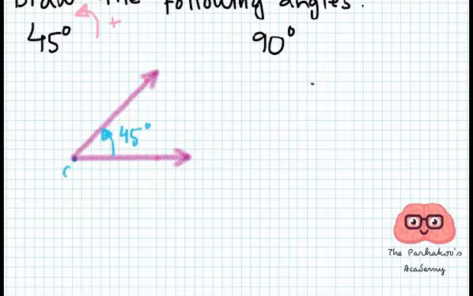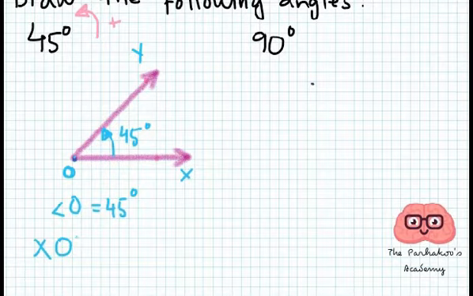You can name it, let's say, OX and OY. So we have formed an angle O. You can name it as angle O equals 45 degrees, or you can also say it like XOY. Remember, this O, which is this point, should always be in the middle. It equals 45 degrees.